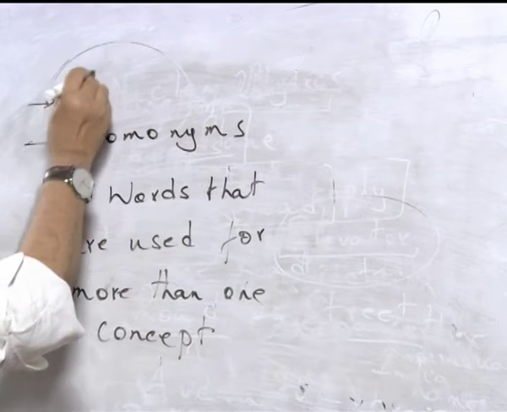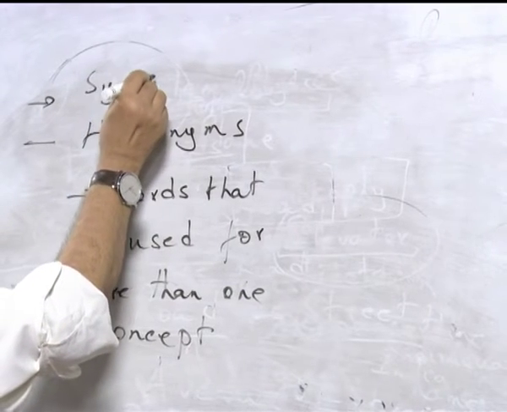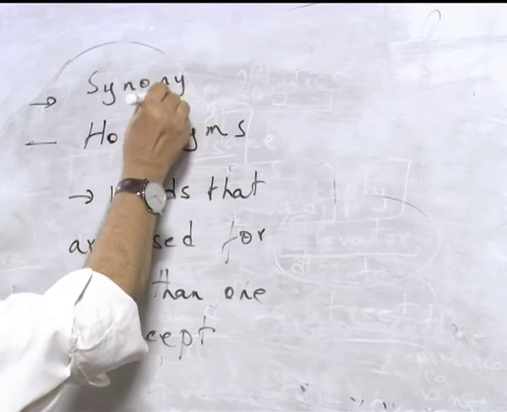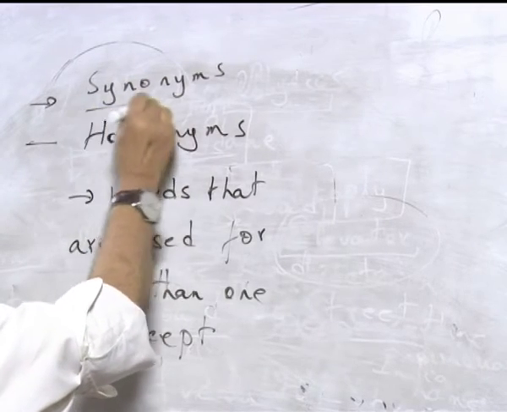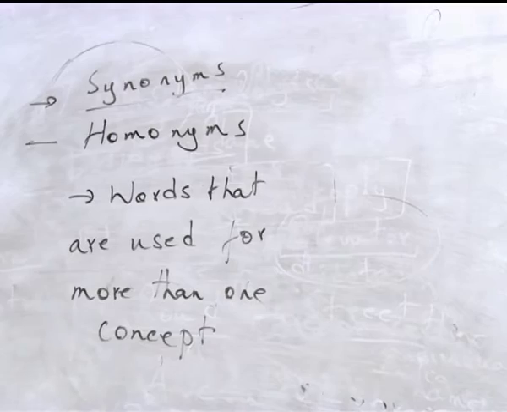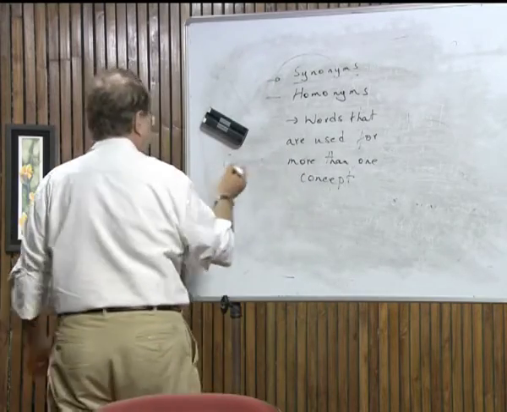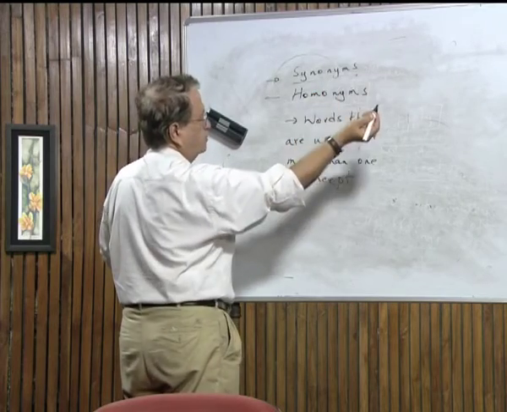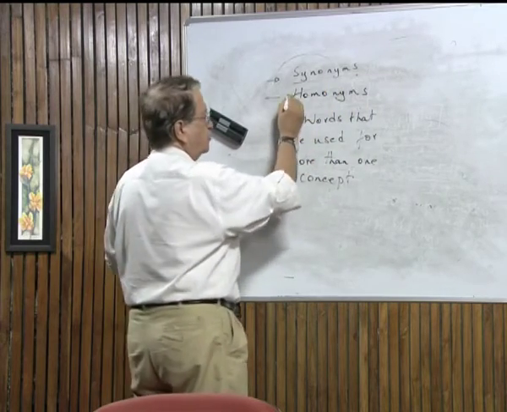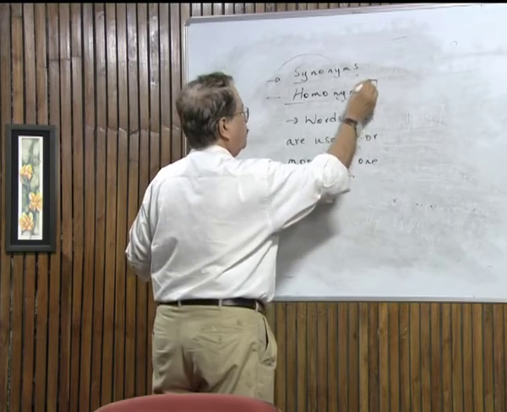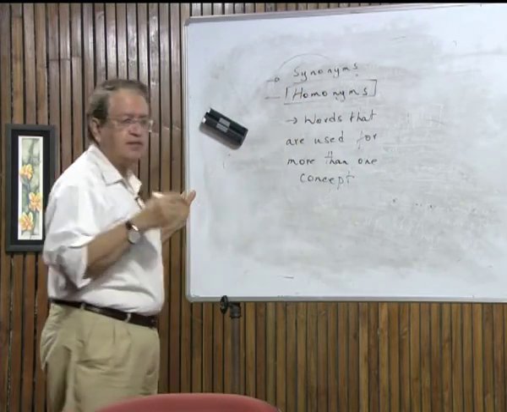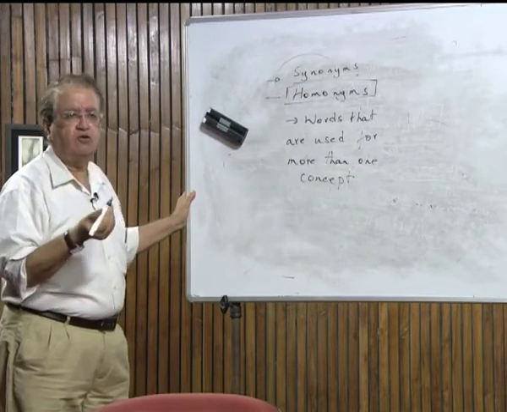Synonyms are more than one word which mean the same thing. I have given you enough examples of synonyms, but homonyms are words which mean more than one thing, and this happens quite often. Can you think of any homonyms?